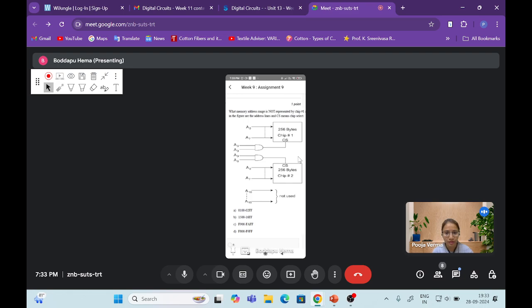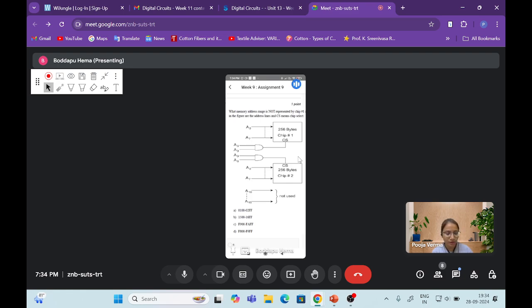So here A10 to A15. Just write down the whole memory range. A10 to A15 is not used.